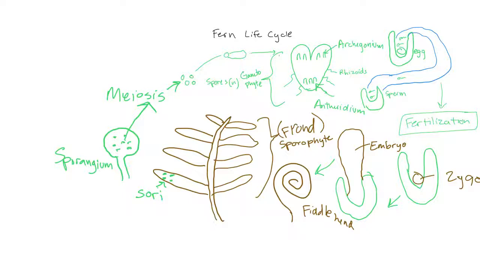Very similar. The difference is the sporophyte does not need the gametophyte eventually. Eventually it grows out of it. And then we have a gametophyte which has both archegonium and antheridium. So they are homosporous. They can make both types.